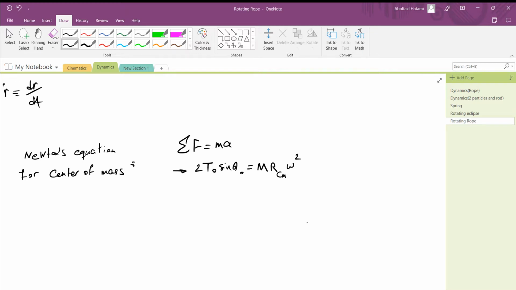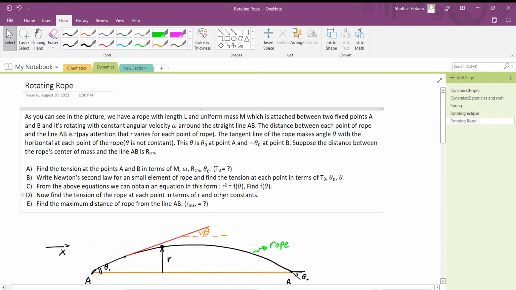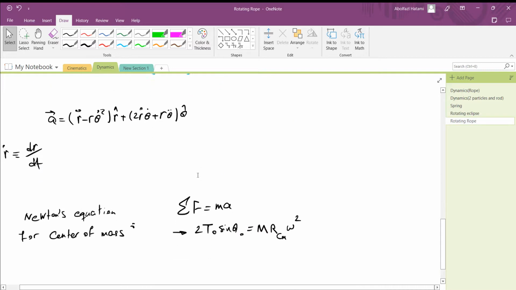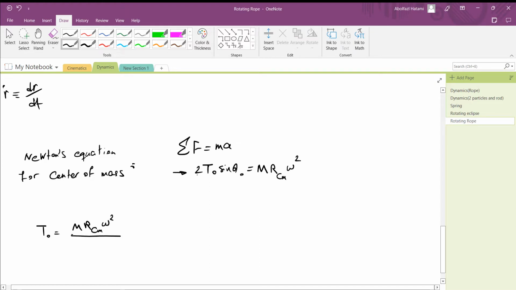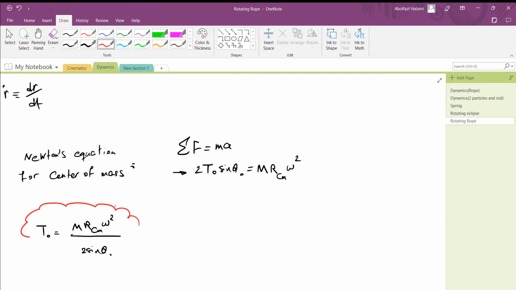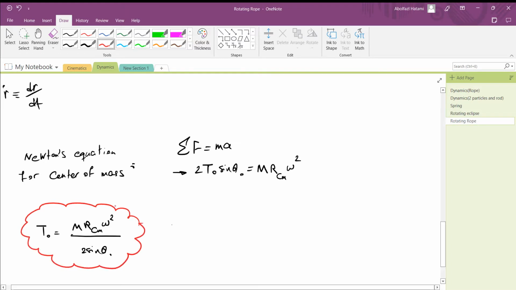From this we can obtain that T0 is equal to m times r cm times omega squared over 2 sine theta 0. And this is part A of the problem.